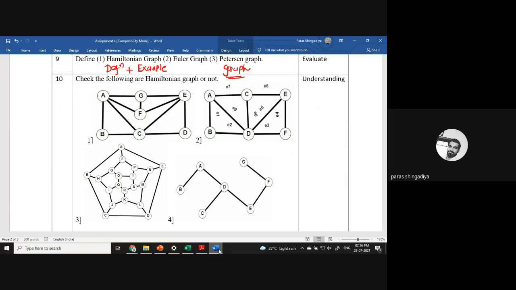Also mention that if it is a Hamiltonian graph, then also write the Hamiltonian circuit, by using which circuit you can justify that this graph is a Hamiltonian graph. So check the first, second, third, and fourth.